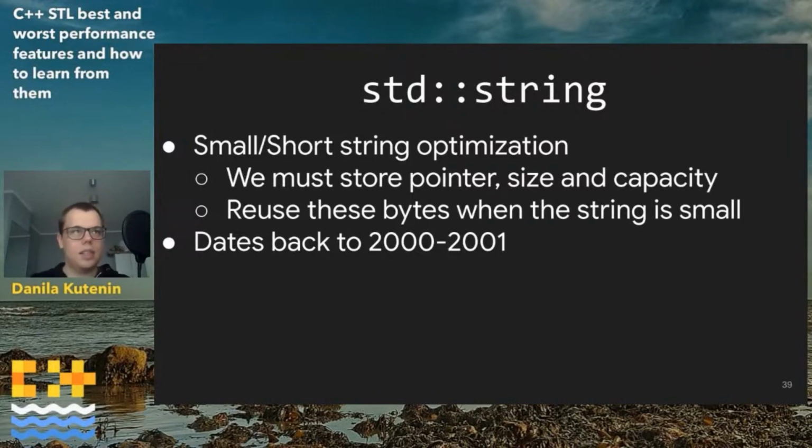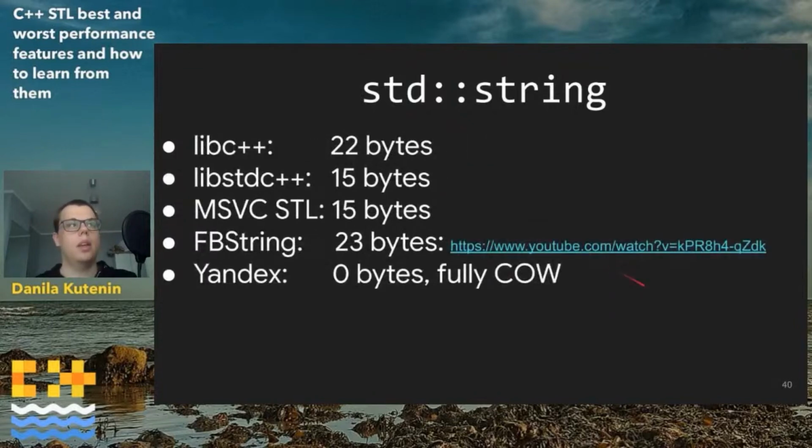I failed to find out when it was invented. Likely it was invented in 2000 or 2001. I'm not sure, but this is already about 20 years. This idea has held for 20 years. Standard string implementations optimize different numbers of bytes. For example, in libc++, it optimizes 22 bytes.